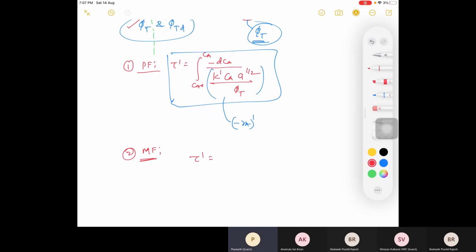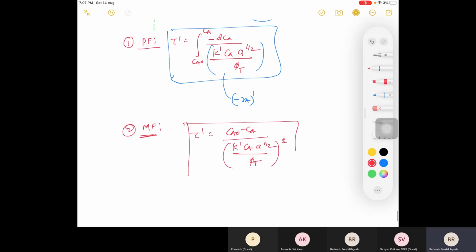It will be the same, but without integration. So I'll have CA naught minus CA divided by K dash CA to the power A to the power half, then phi t to the power 1. This is my equation.